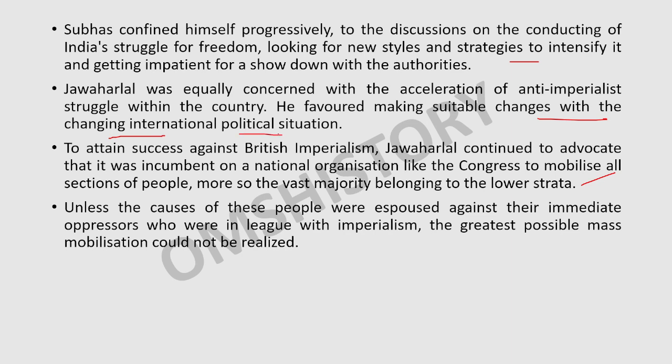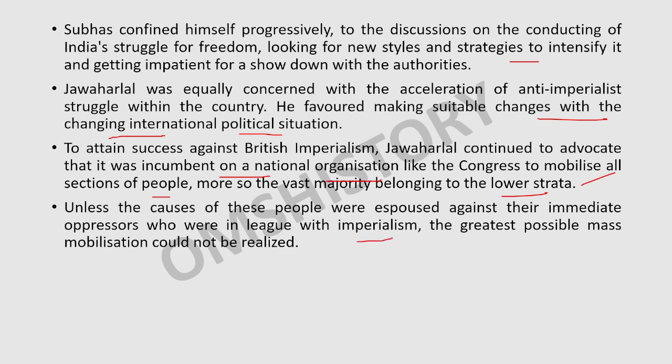To attain success against British imperialism, Jawaharlal continued to advocate that it was incumbent on a national organization like the Congress to mobilize all sections of people, more so the vast majority belonging to the lower strata. And it is here that he recognized that unless the causes of these lower strata people were addressed by the Congress against their immediate oppressors who were in league with imperialism, the greatest possible mass mobilization could not be realized.